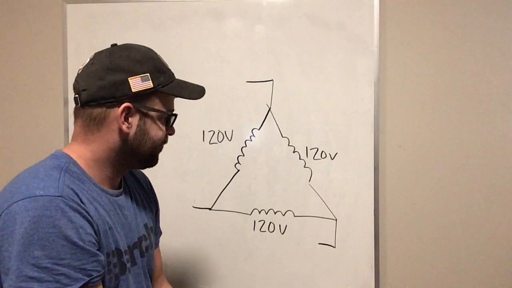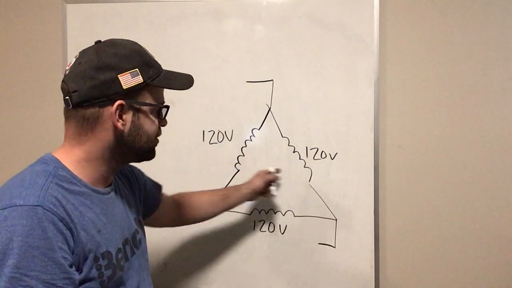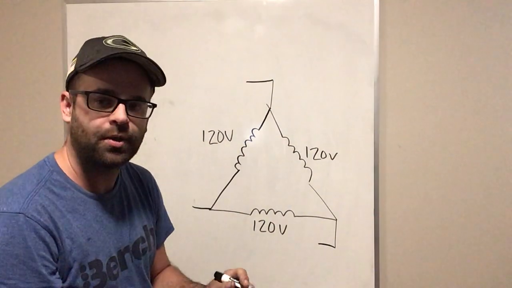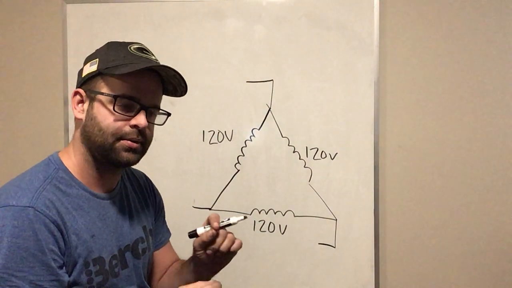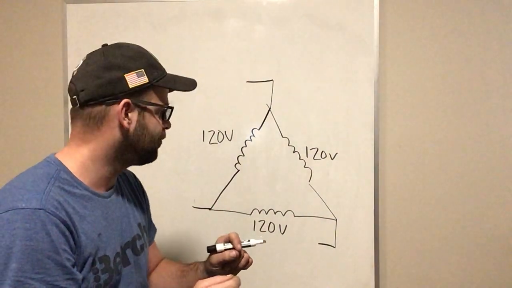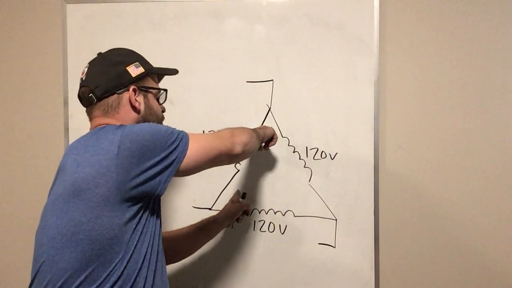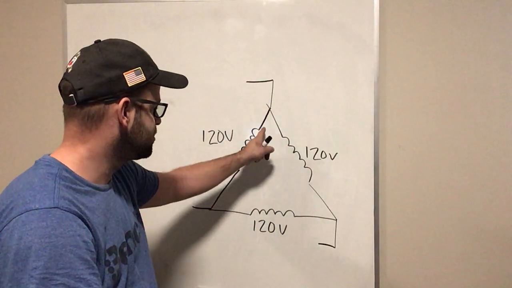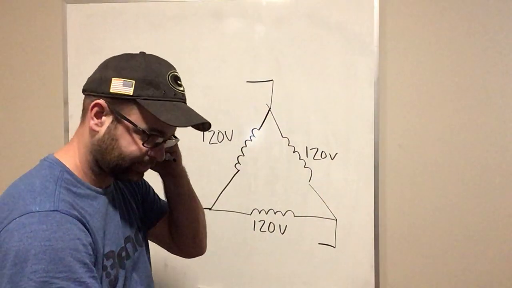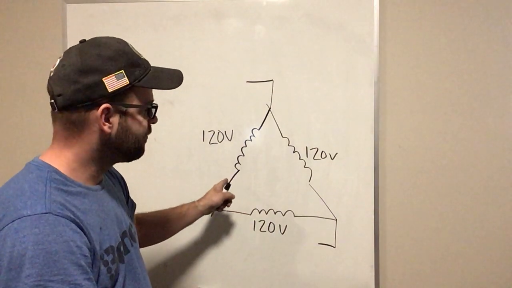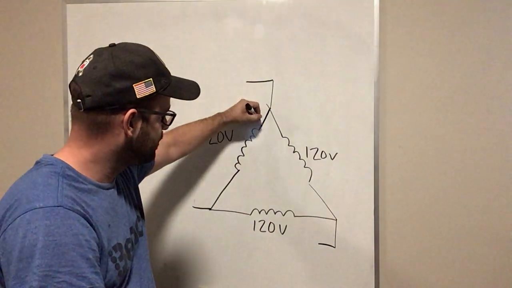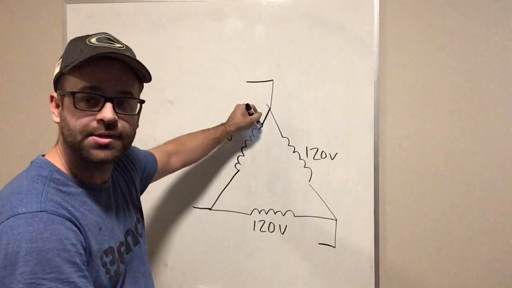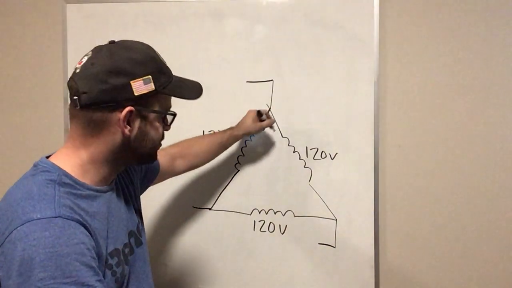So in this one, we have 120 volts, 120 volts, 120 volts. If we go now to take a voltmeter and we go across this coil, we're going to read a voltage of 120 volts, right? However, notice that this point here is also connected to that point, so it technically is the same point electrically.